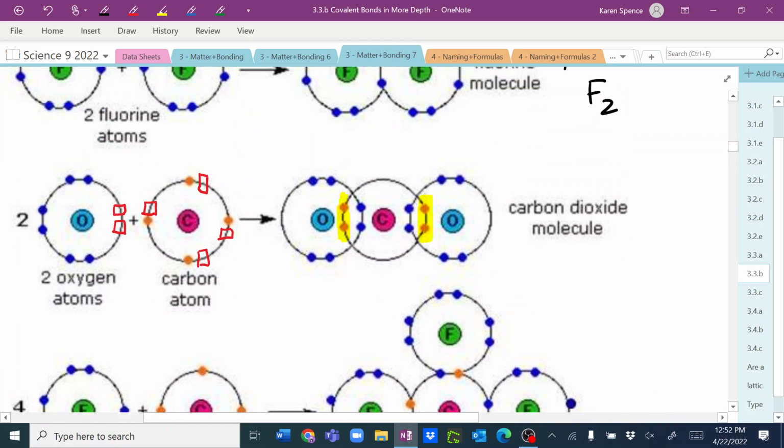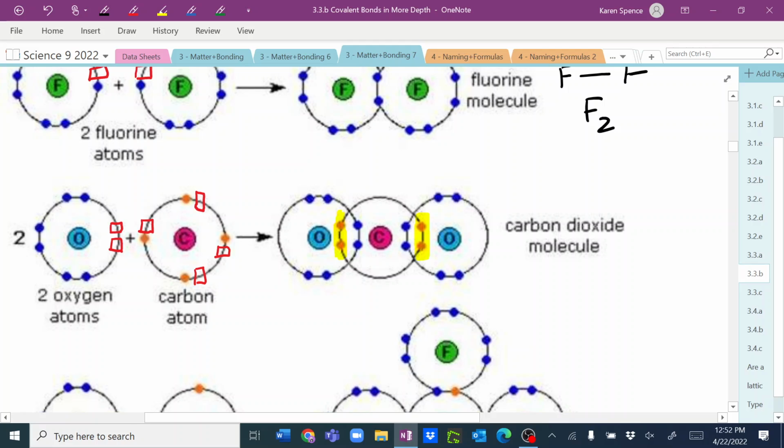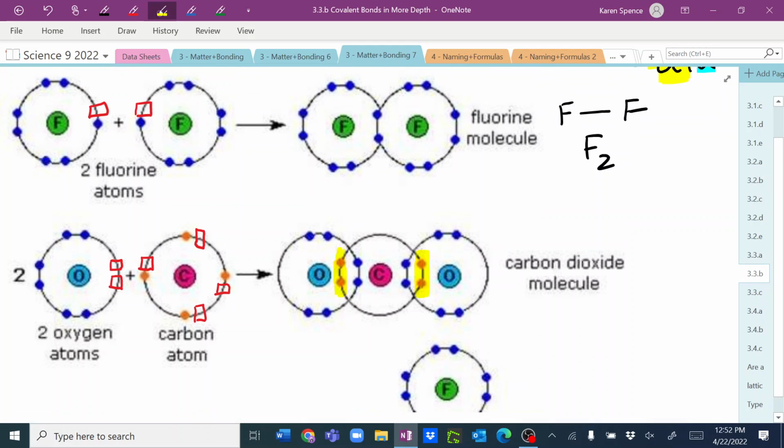How would we draw a structure like this for a carbon dioxide molecule? On one side, we have an O, and then we have a C, and then we have an O. Yes, in that order. What should I draw in between the O and the C?